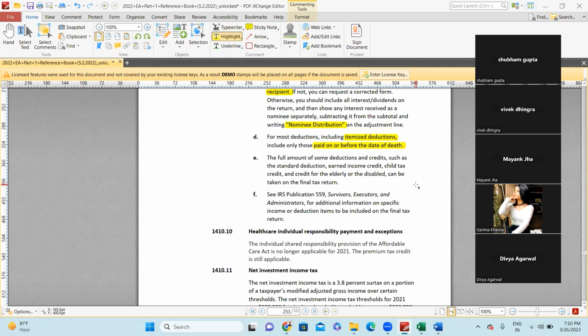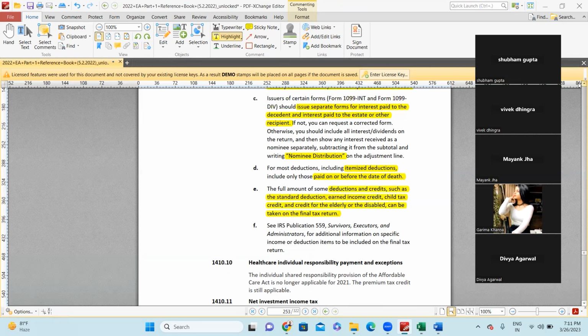And see IRS Publication 559, Survivors, Executors, and Administrators for additional information. That's extra information, right? For deduction and credit, you can claim in full, right? Any doubt on A to E points?